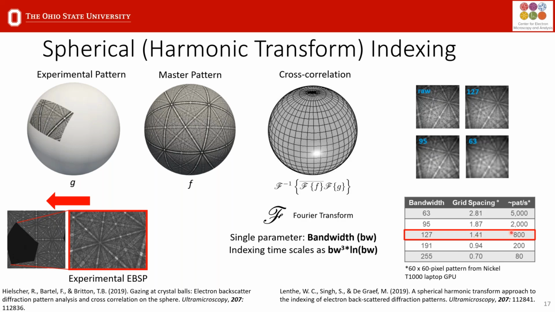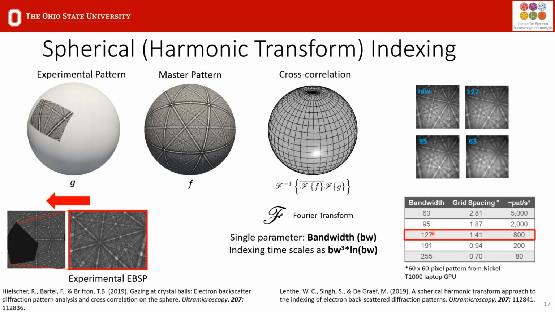And then also the time. By using higher and higher bandwidth, you're really decreasing the indexing or re-indexing speed. So 127 is sort of an experimental value that works quite well for the samples that I work with.